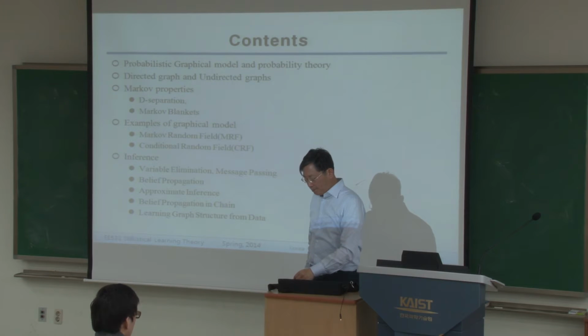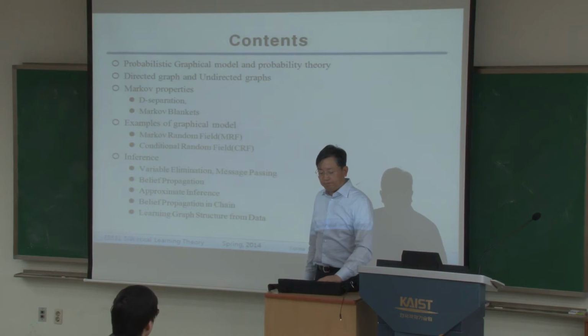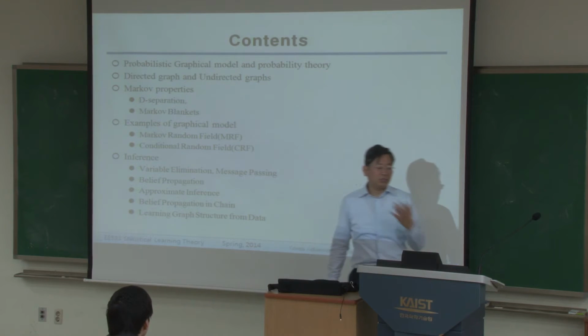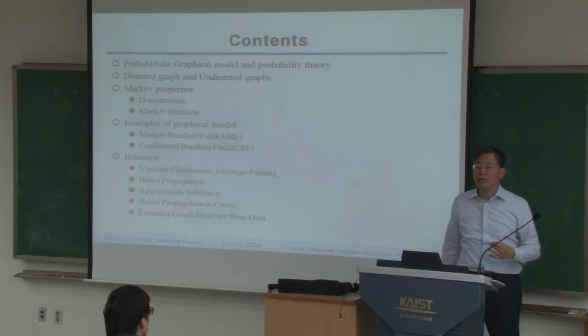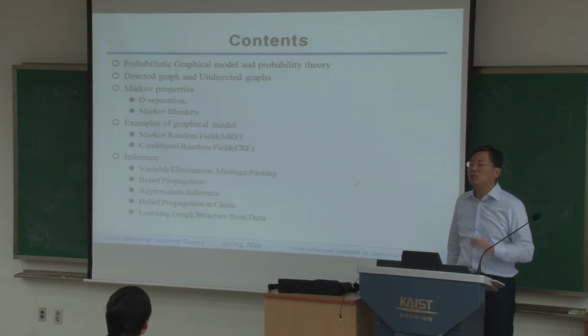Some of these ideas have been around for a long time, but it wasn't used. It wasn't really popular. But now everyone is using graph models, to represent your mathematical equation in pictures.